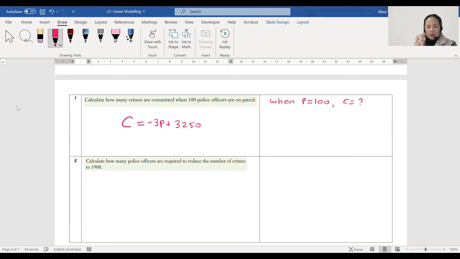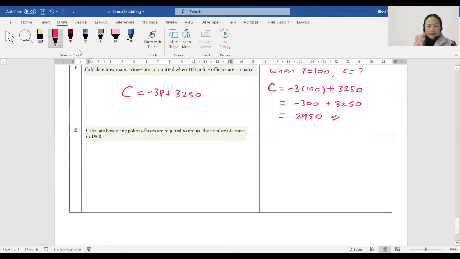So C equals minus 300 plus 3,250, which is 2,950. Okay, so there will be 2,950 crimes when there are 100 police officers.